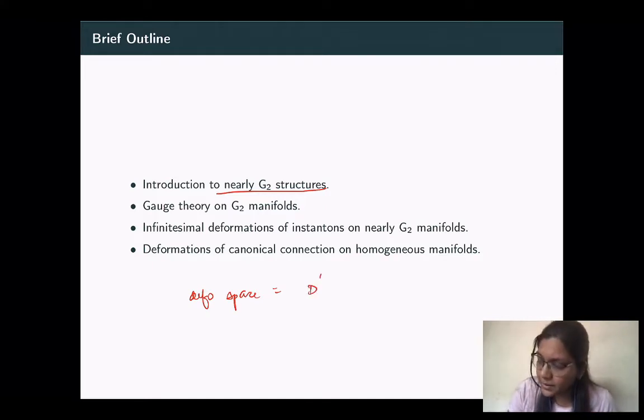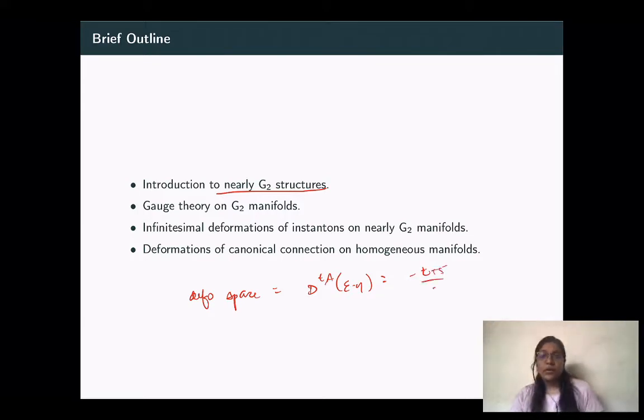If epsilon is an infinitesimal deformation, then it should satisfy this eigenspace condition. This is how we said that the deformation space was equal to the eigenspace of a Dirac operator. All these Dirac operators were related, so if it's an eigenspace for one t, then it is an eigenspace for all the t's.